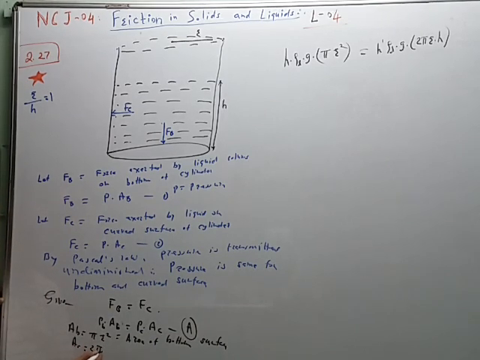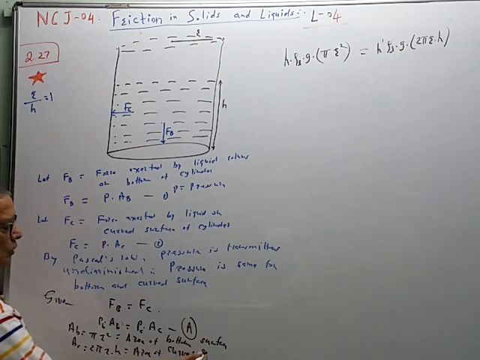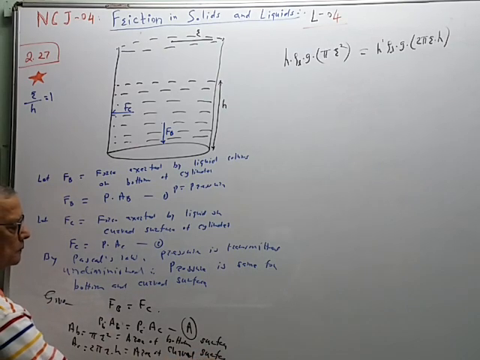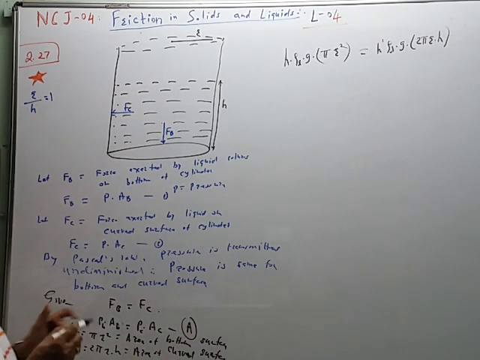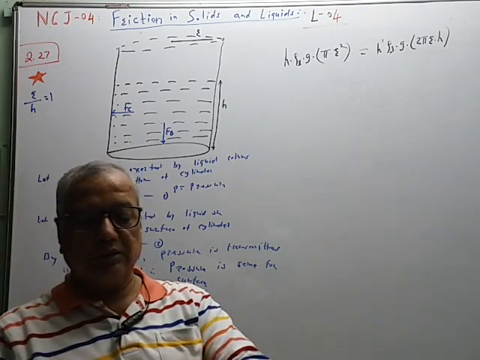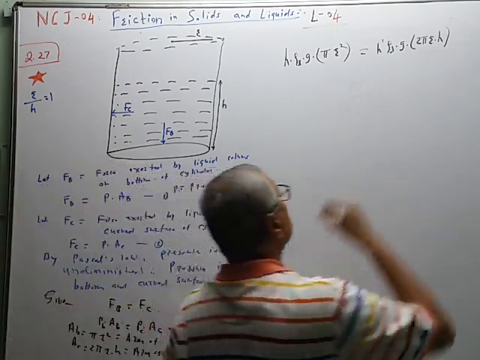AC is equal to circumference 2 pi r multiplied by h, the area of the curved surface of the cylinder, like this. So the star is here.